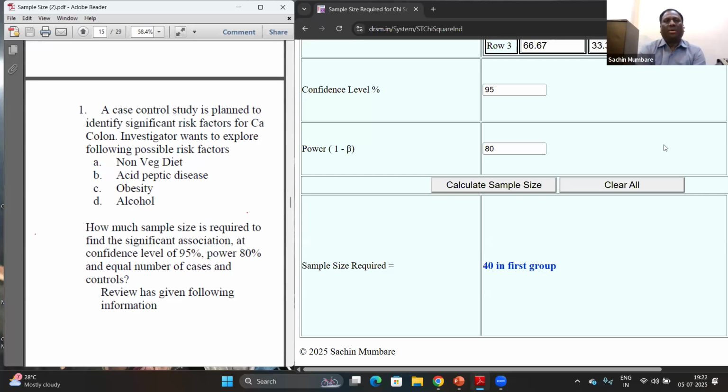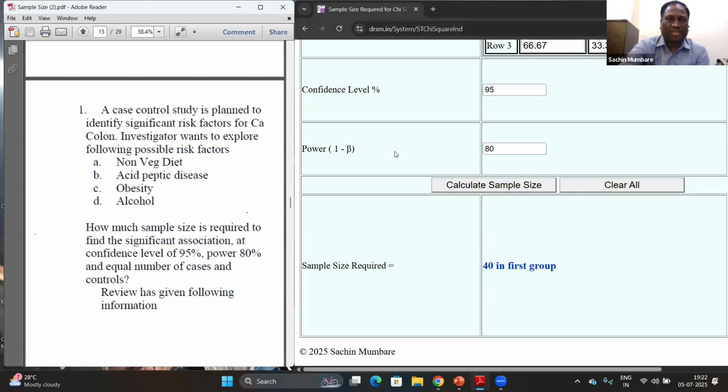We will have to enumerate the possible risk factors that you are studying. I have just enumerated 4 possible risk factors; there may be many more in your case control study.